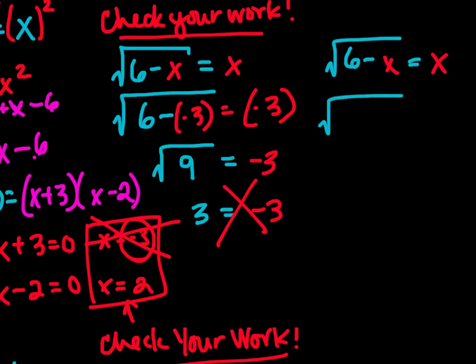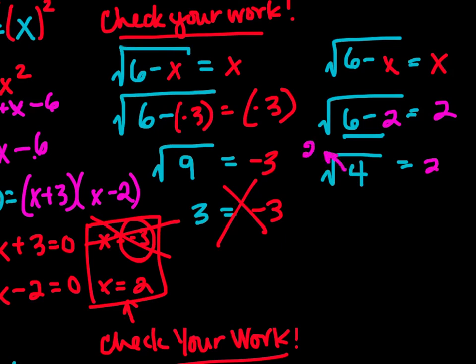So we have the square root of 6 minus 2 is equal to 2. 6 minus 2 is equal to 4. So we have the square root of 4, which is equal to 2. The square root of 4 is equal to 2 every time, so 2 is equal to 2. That checks out. x equals 2 is a solution.